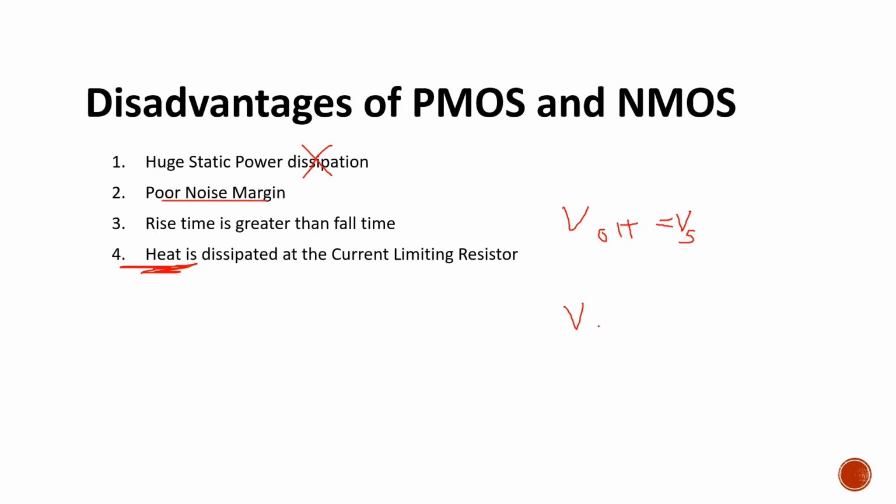VOL is 0 only, because there is no current. Otherwise you would apply the voltage division principle: R on by R on plus RL into VS. So in CMOS, it is VS and 0 only. That's why the noise margin problem is also resolved in CMOS.